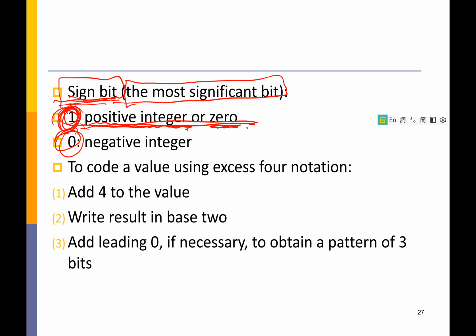If the sign bit is 0, it represents a negative integer value.